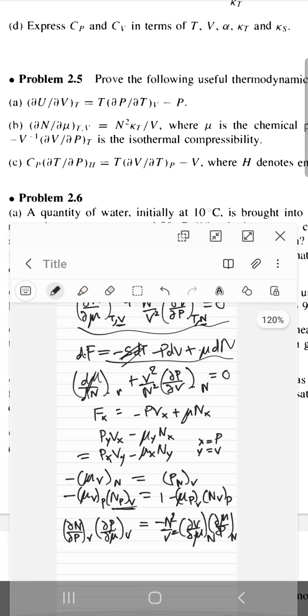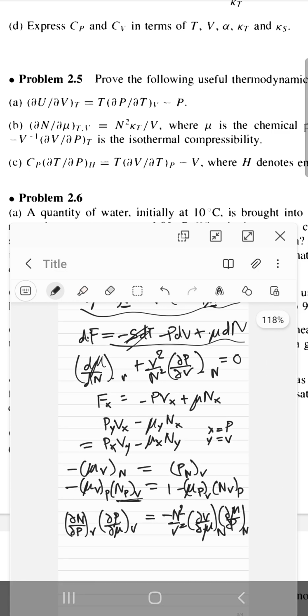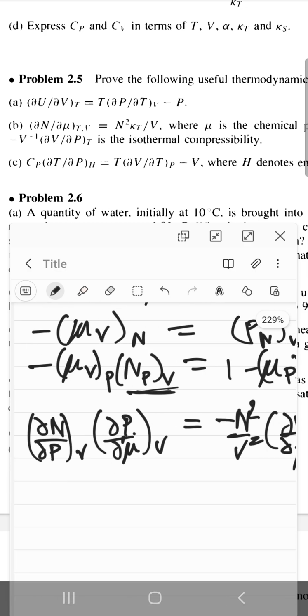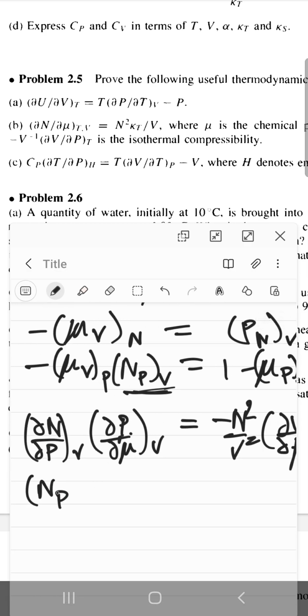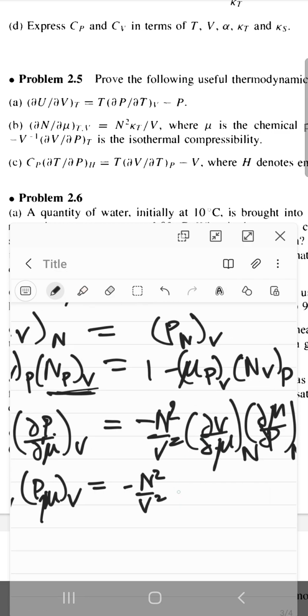Yeah, this is what we want to prove. So far we've got two equations. So write this in a simpler form. So n sub p at constant volume and then p sub mu at constant v is equal to minus n square upon v square, v sub mu at constant n and mu sub p at constant n.